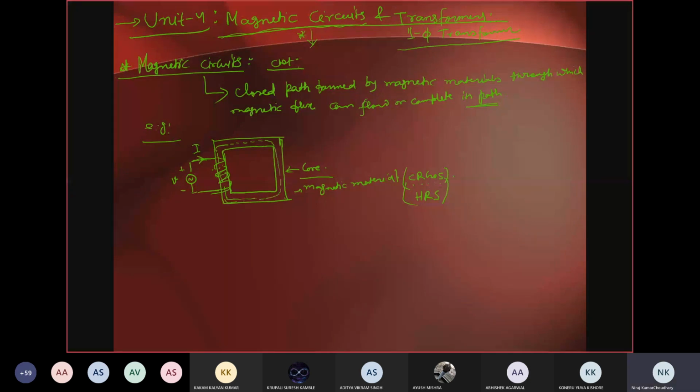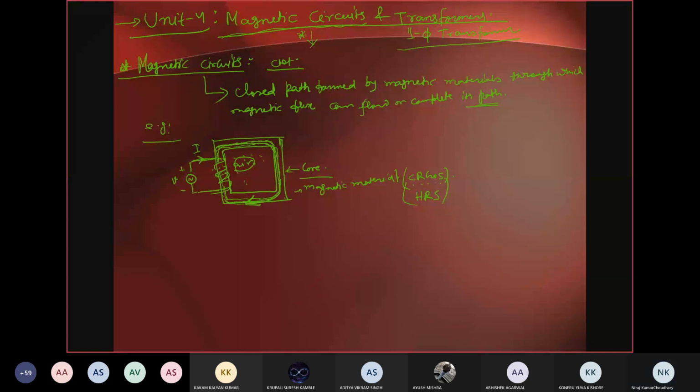The middle part is air or any other medium, it may be oil or anything, but this is a magnetic path, so the flux will follow the magnetic path. So it will complete its path through this core, right? Due to the electromagnetic property, the flux will flow through the core or closed path, completing its path through the closed magnetic circuit path.